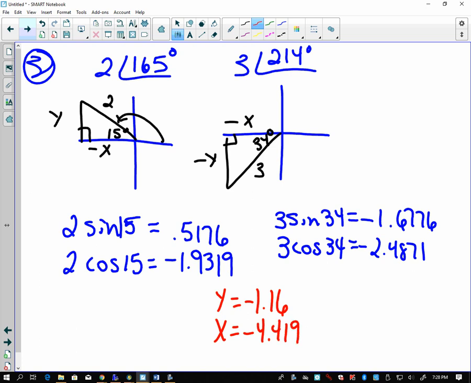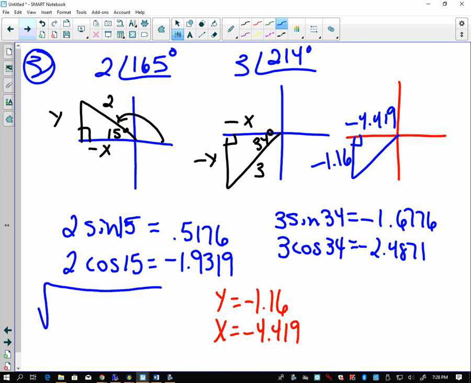Okay, which means I'm looking at it like this. I'm down here, negative 4.419, negative 1.16. Looks like that. So what I need is a hypotenuse. So I have the square root of negative 4.419 squared plus negative 1.16 squared. That's going to give me my hypotenuse.